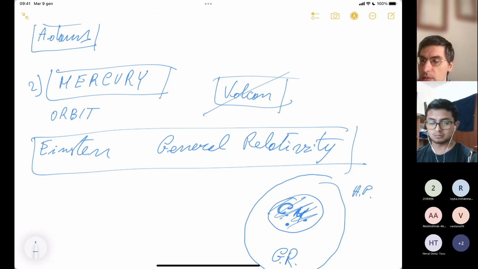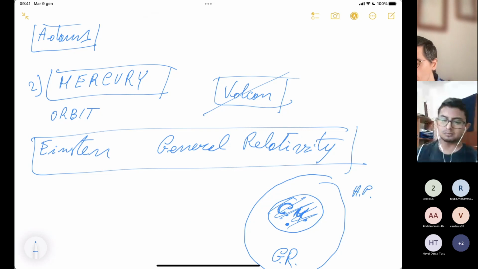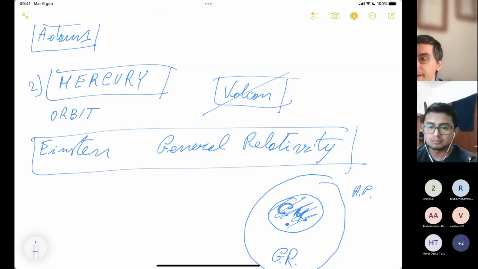For Mercury, not. So you see, you falsify your model because the orbit of Mercury is not the one predicted by classical mechanics. And this falsification allows you to say, this is the limit for the classical mechanics. After this limit, I have to change something. I have to improve my model. And I can do it using, for example, general relativity of Einstein.